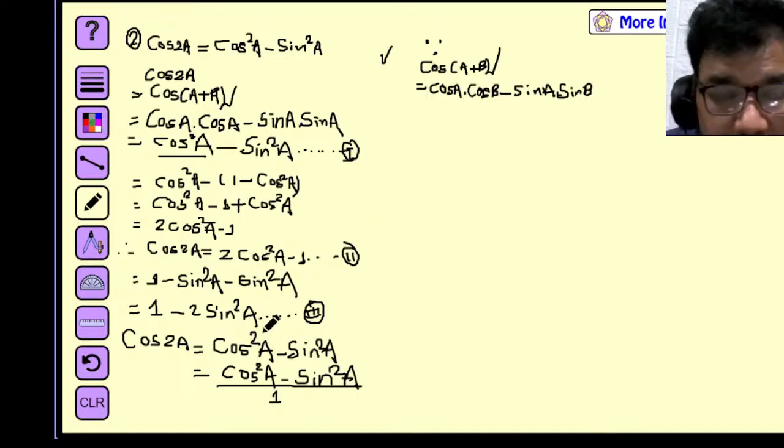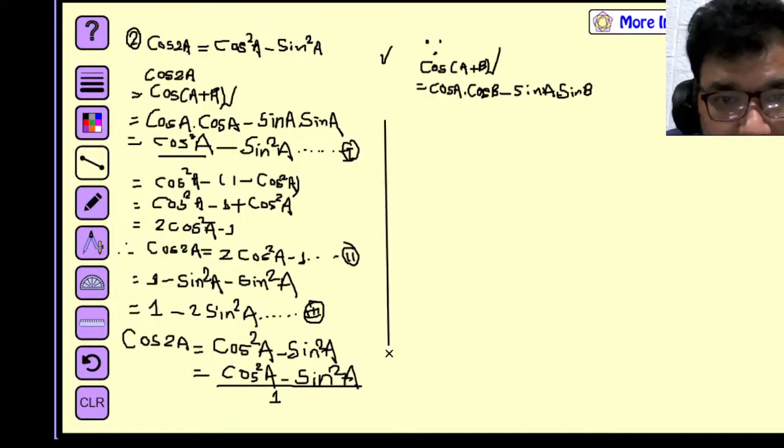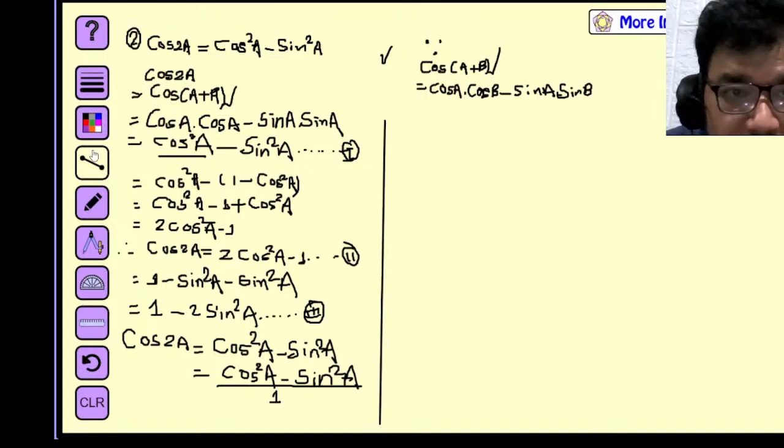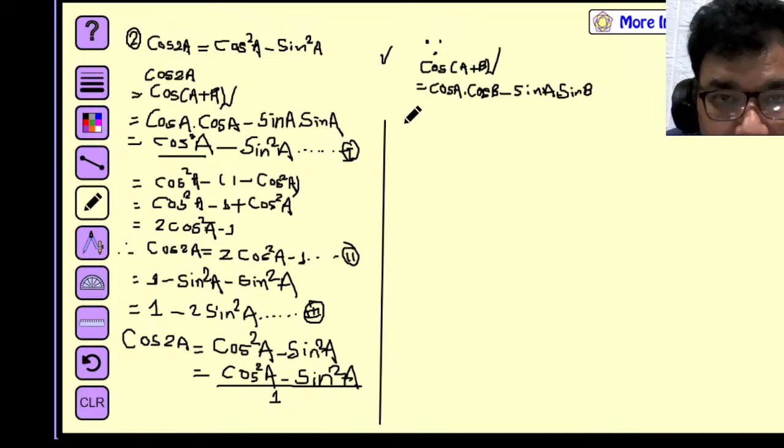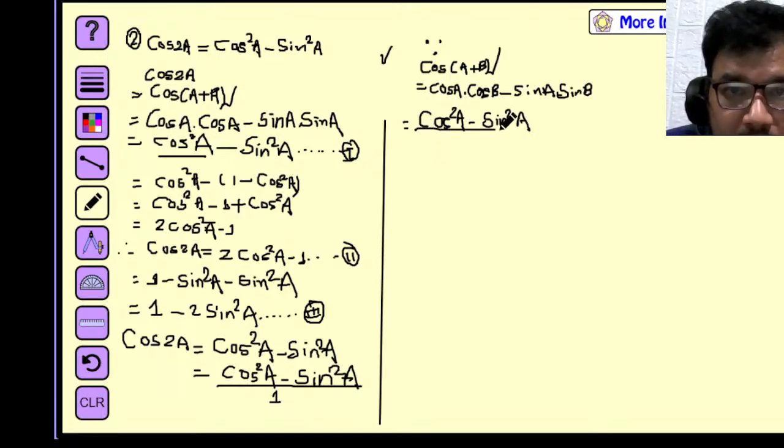Look what we have to do. In place of this 1 we can write cos square A minus sine square A in the numerator, and in the denominator, in place of 1, we can write sine square A plus cos square A, because we know the Pythagoras relation that it means 1.